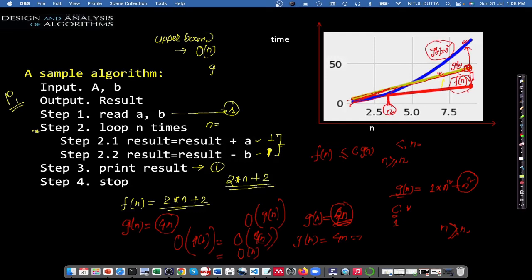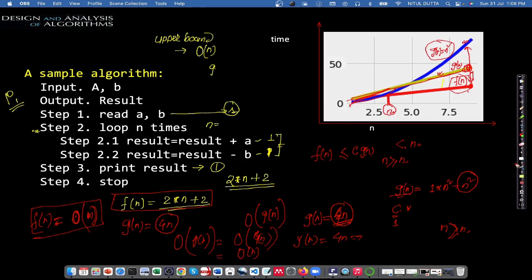So if the time complexity f(n) equals twice n plus 2, then its upper bound may be represented with the help of order of n, the big O of n. This is called the upper bound of the algorithm.